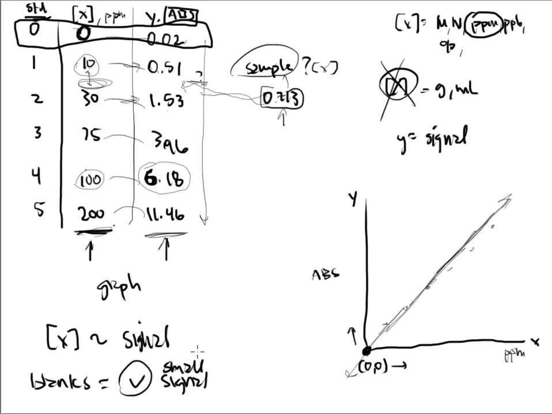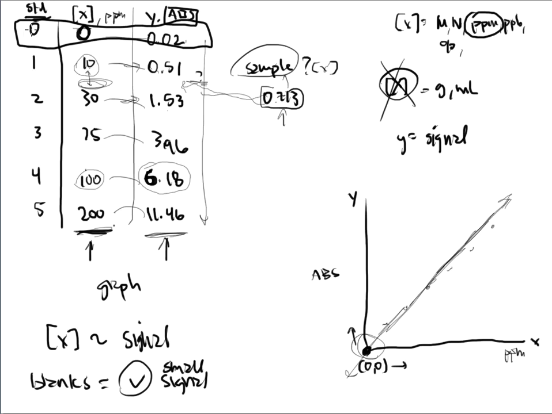The blank should hit close to 0, though. If the blank doesn't hit close to 0, then that means something in it is really contributing to the absorbance, and we don't want that interference to take place. So when we make these calibration curves in the laboratory, we want to see it hit close to the 0 mark. It could be a little bit above, it could be a little bit below, and that's okay, but it should be close to 0.